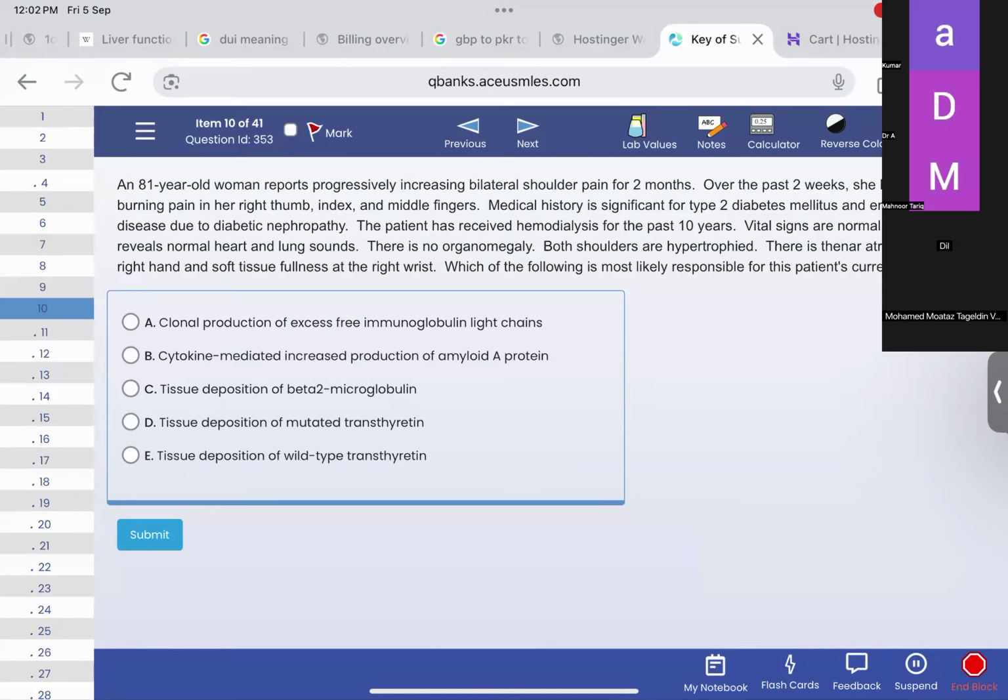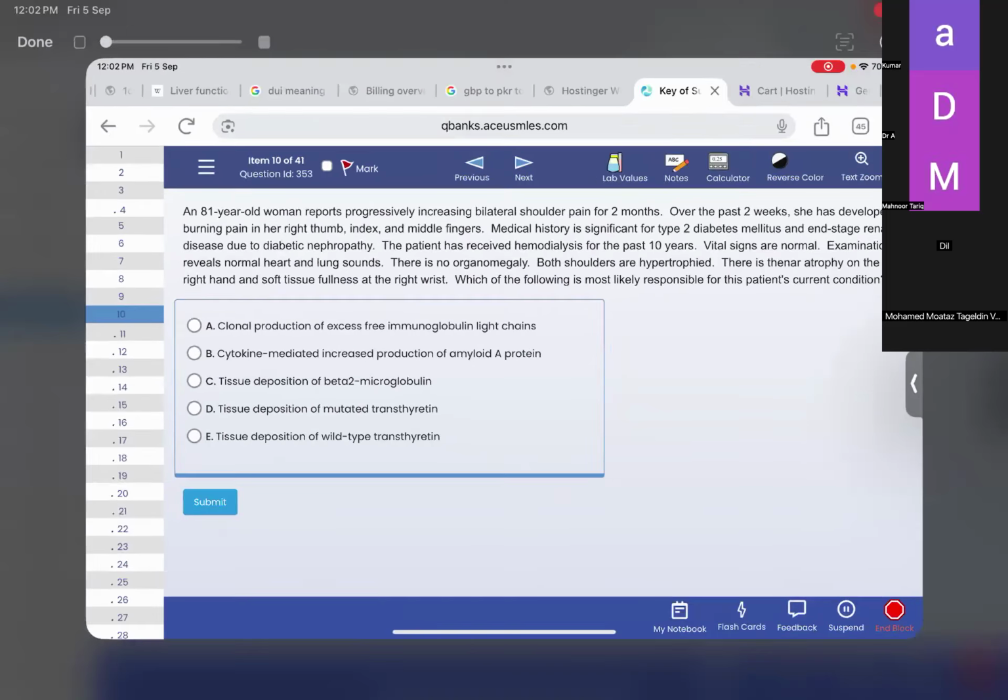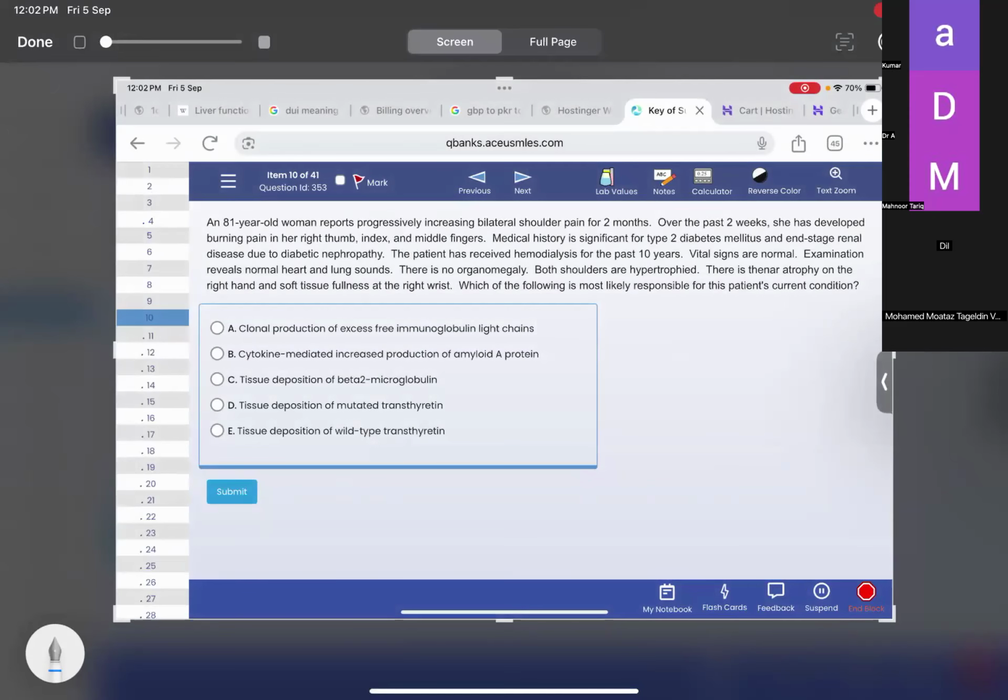Anyone please? Which of the following is most likely responsible for this patient's current condition? An 81-year-old woman reports progressively increasing bilateral shoulder pain for 2 months. Over the past 2 weeks, she has developed burning pain in her right thumb, index, and middle fingers. Medical history is significant for type 2 diabetes mellitus and end-stage renal disease due to diabetic nephropathy.